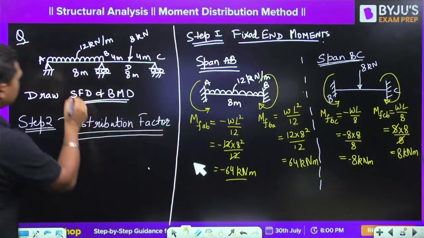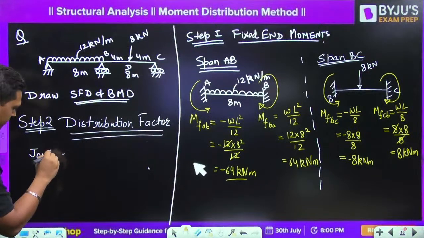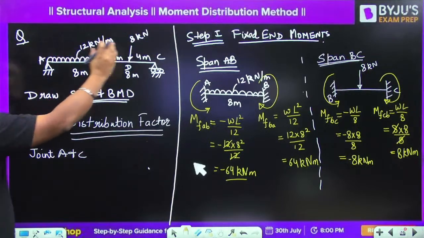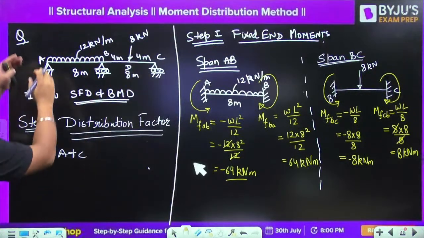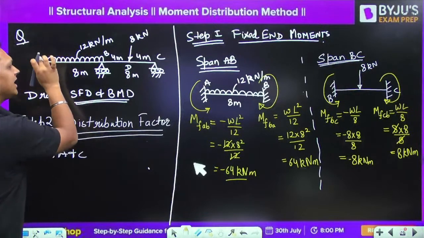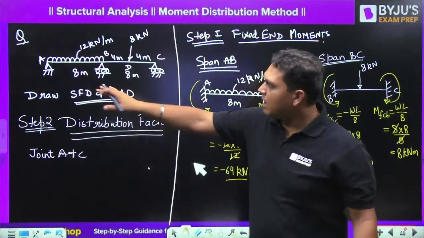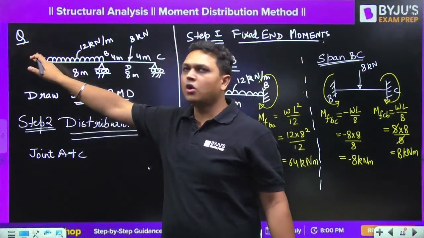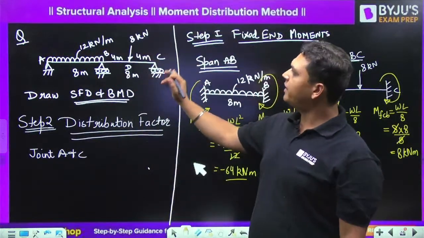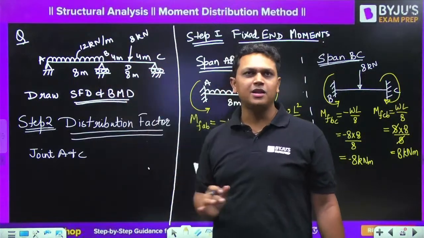Now if I talk about joint A and joint C, whatever moment you apply at joint A, don't you think the whole moment is going to be transmitted only to the one span, because there is only one span in this case. If you apply a moment M at joint A, the whole moment M is going to be taken care of by the AB span. And if you apply a moment M at joint C, the whole moment is going to be taken care of by the BC span.